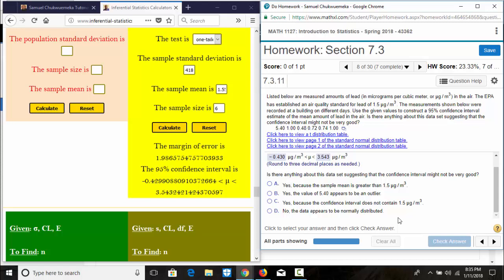Is there anything about this data set suggesting that the confidence interval might not be very good? They didn't tell us here whether the population, that's the amounts of lead, are normally distributed. They did not, but we assume that.